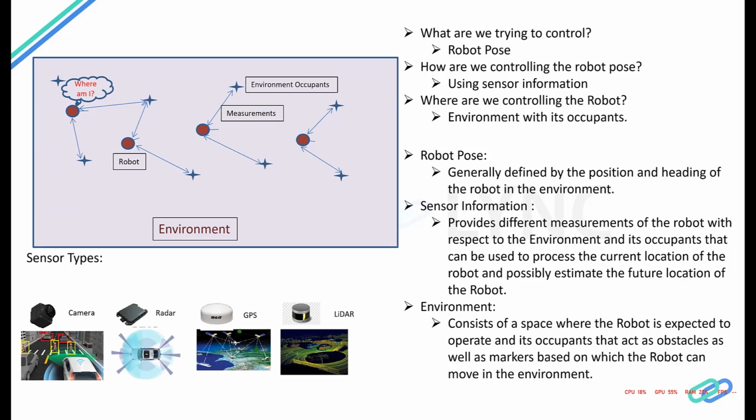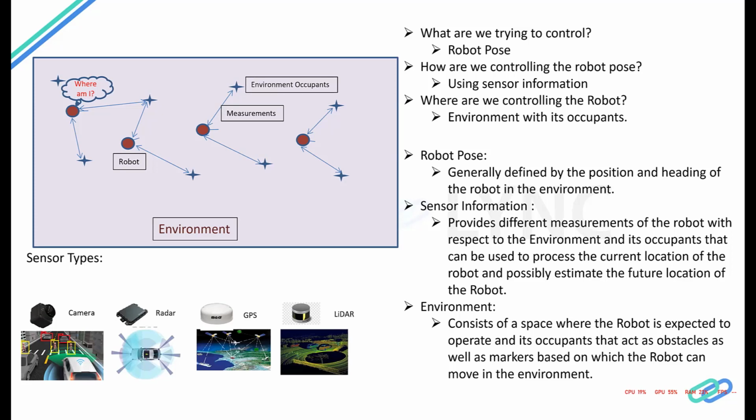For any robot, whether it's a humanoid robot, an autonomous vehicle, or an undersea robot, two of the major components that you can always rely upon to tell the system that it is at a given location are your heading and distance with respect to the other environment occupants. I'll go into detail in that regard in the next slide or so, but this is a brief introduction of what a robot pose is.